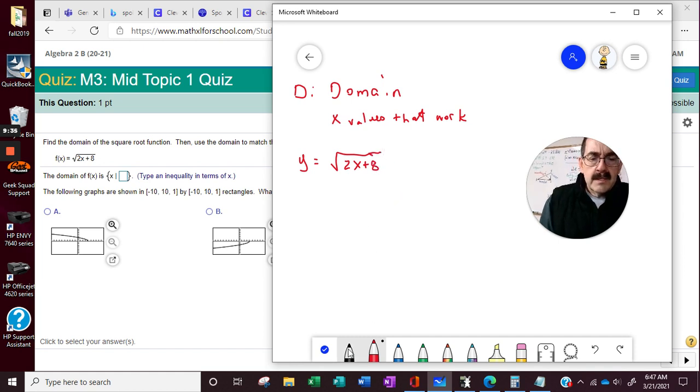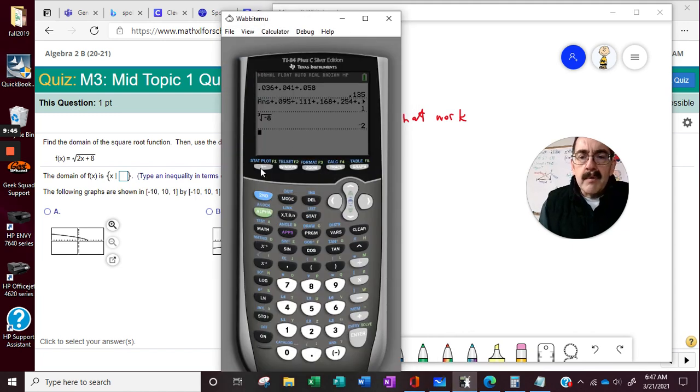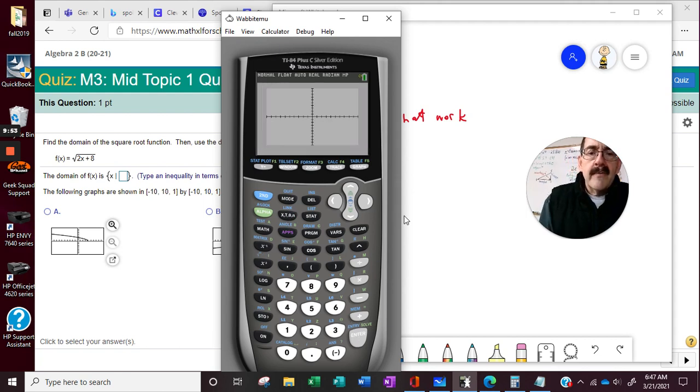Now, let's go to the parent function, y equals the square root of x. I'm just going to pull this up, and I go second square root, x, and it's the graph, okay?